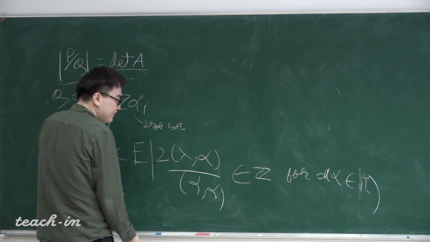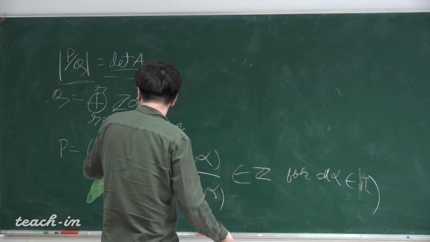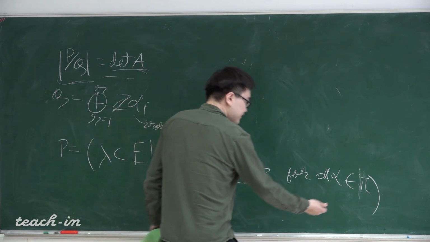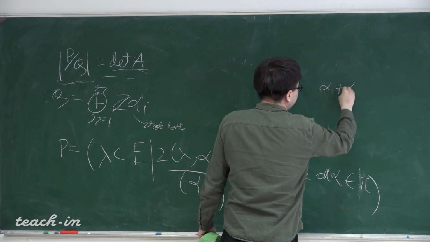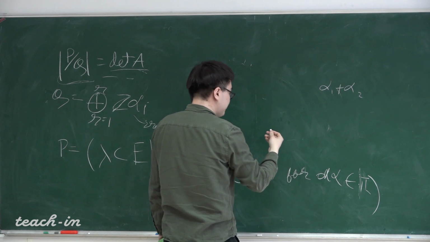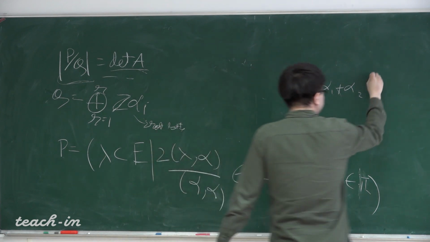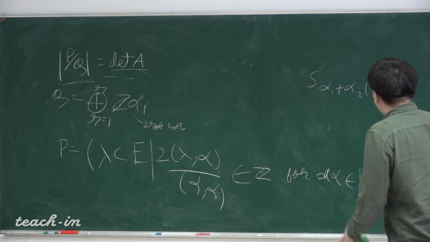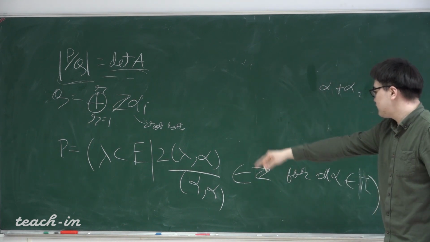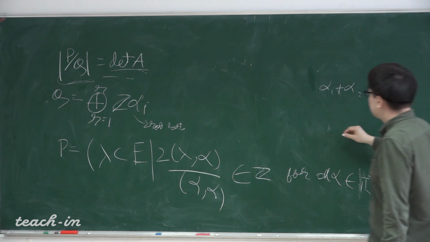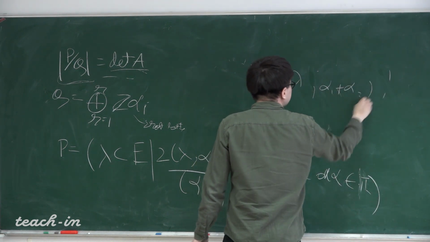Maybe these two are simple roots and there is a reflection, not a reflection, just... maybe some lambda.